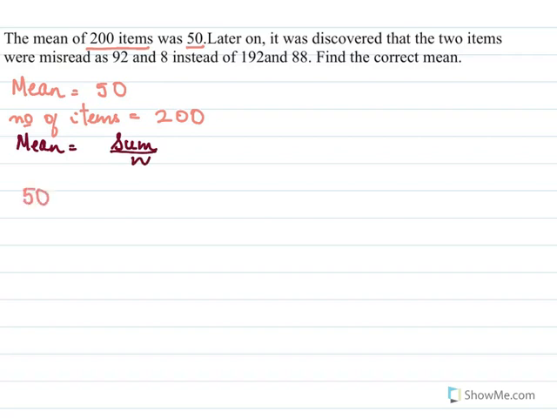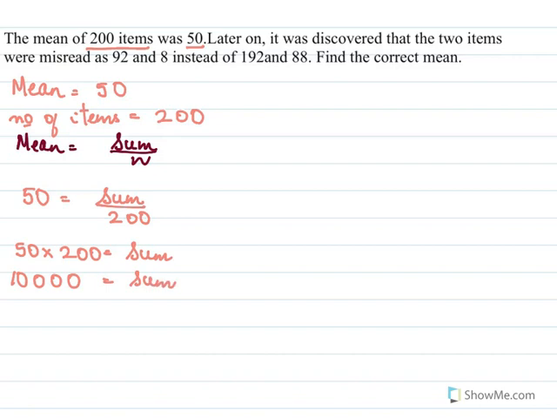So mean is 50 equal to sum, we do not know the sum, number of observations 200. So 50 into 200 equal to sum. So that is 10,000 equal to sum.